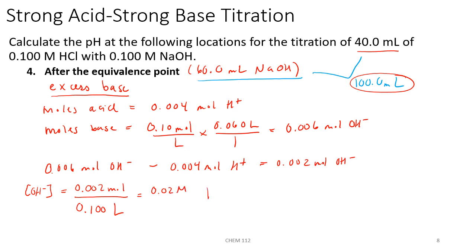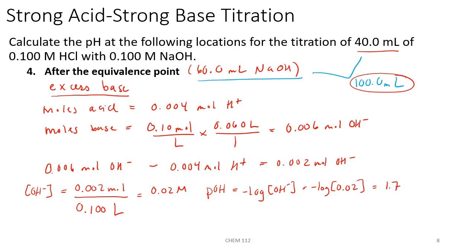Since we have hydroxide ion, it's probably easiest to first calculate the pOH by taking the negative log of the hydroxide ion concentration. So negative log of 0.02 molar gives us a pOH of 1.7.